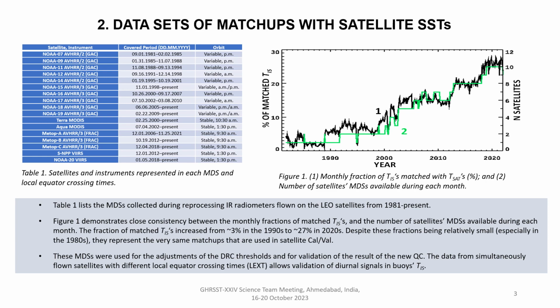Table 1 lists the satellites for which the matchups are available, covered periods and types of their orbits. The fraction of matched in situ SSTs increased in time with a number of simultaneously flown satellites, as shown in Figure 1. The matchups were used in the study for the adjustment of the DRC thresholds, validating of the QC results, and for additional satellite-based quality control.